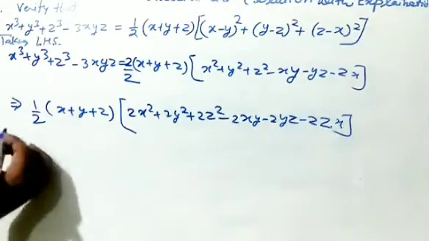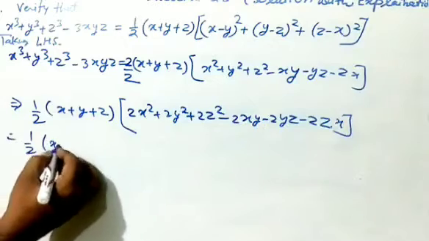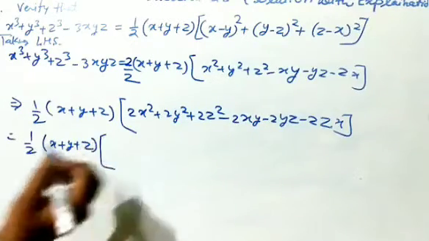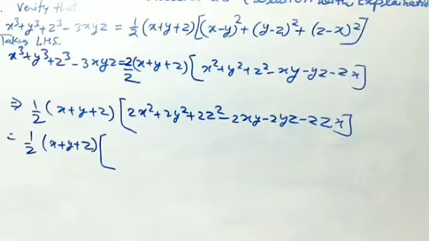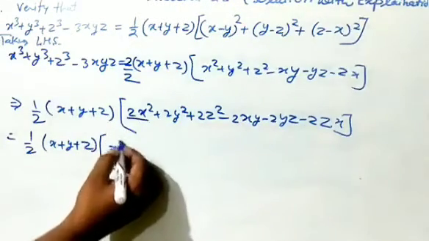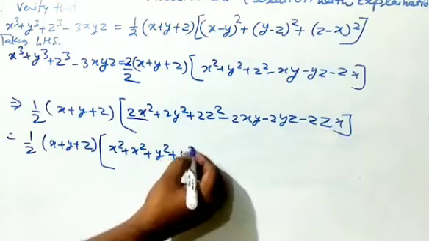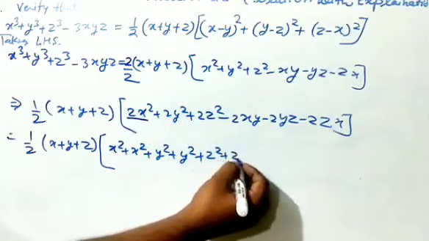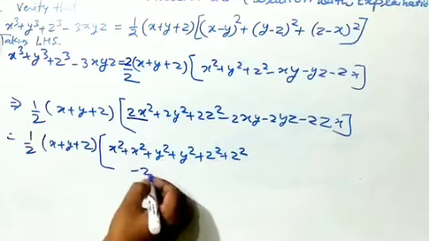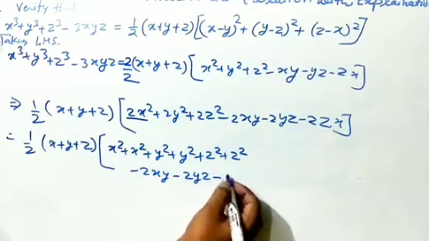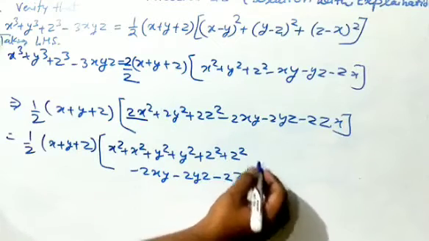Clear? Now 1 upon 2, x plus y plus z we need. And one more very important thing, 2x square, can we write it as x square plus x square? Same here, y square plus y square. Same here, z square plus z square. Minus 2xy minus 2yz minus 2zx.